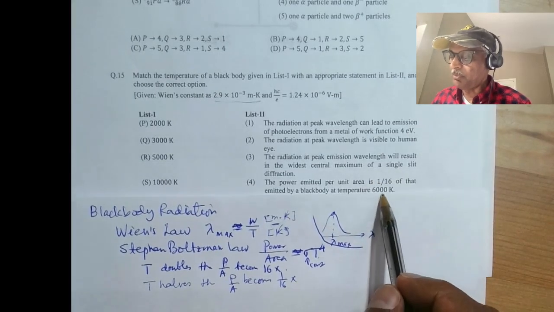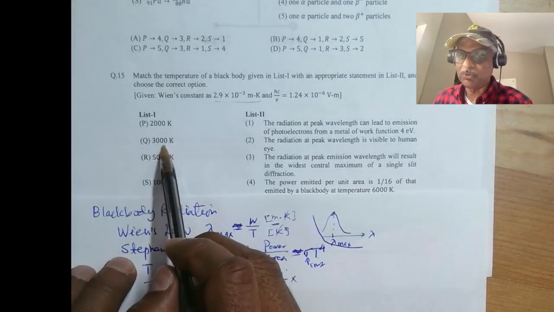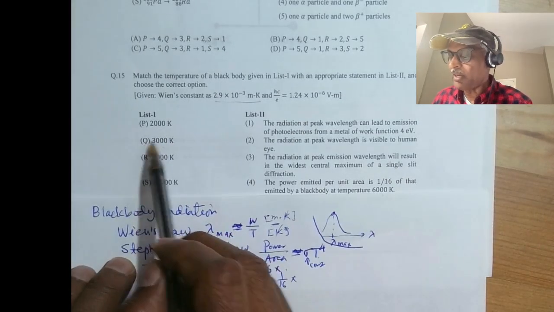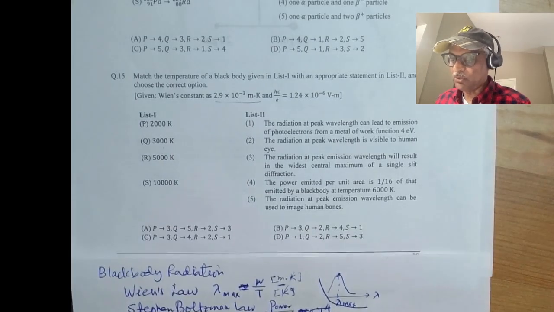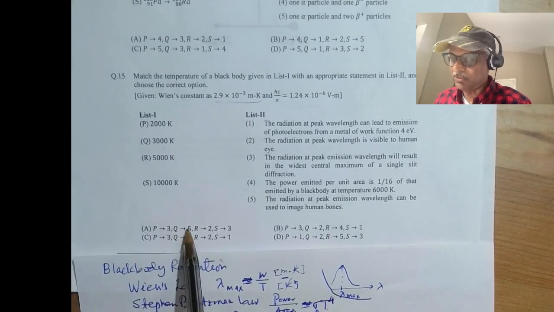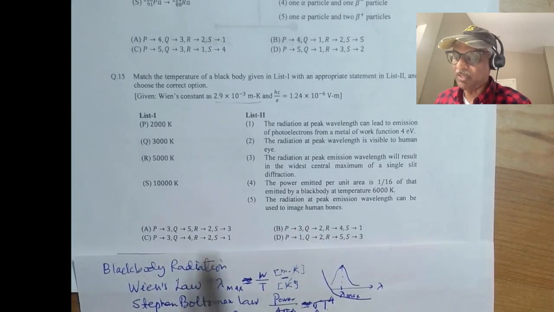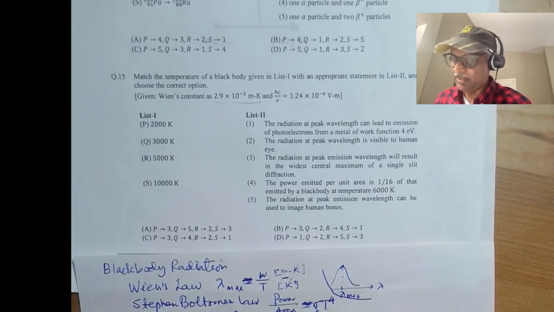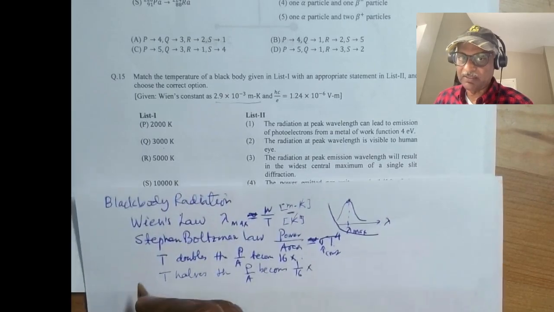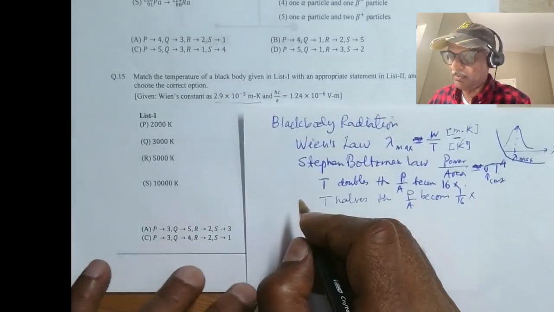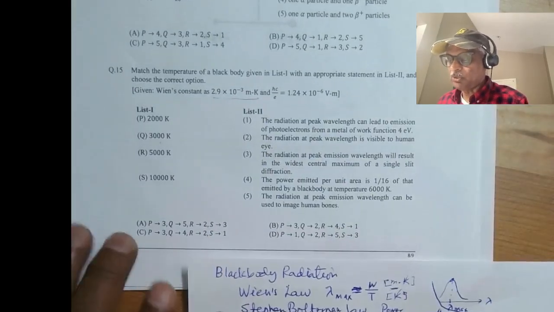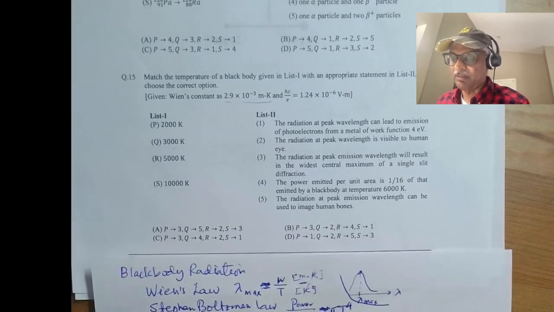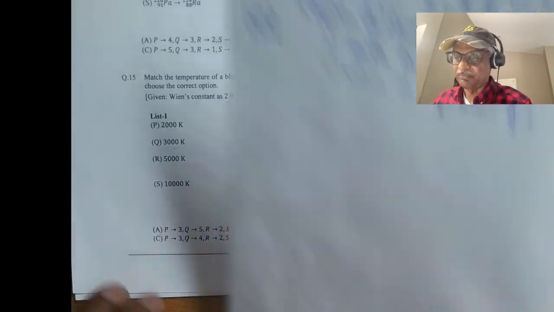So from 6,000 it has to go down to 3,000. So Q has to be 4. Now let's look at Q5. That's not correct. Q4, that's correct. Q2. So I already know C is the answer. I really don't have to do anything more than that. Okay, C is the answer.